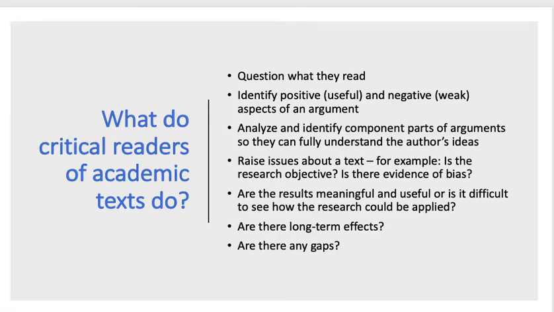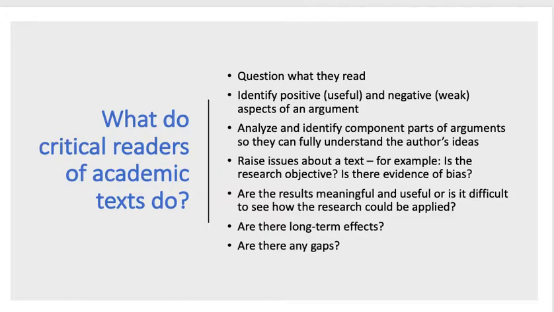What do critical readers of academic texts do? They question what they read, they identify positive or useful and negative or weak aspects of an argument. They analyze and identify component parts of arguments so they can fully understand the author's ideas. They raise issues about a text. For example, is the research objective?